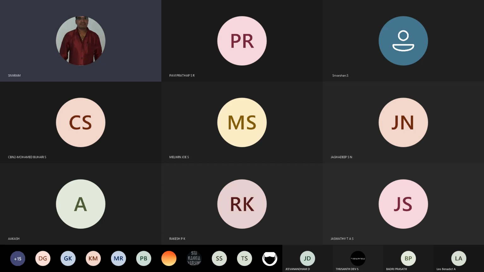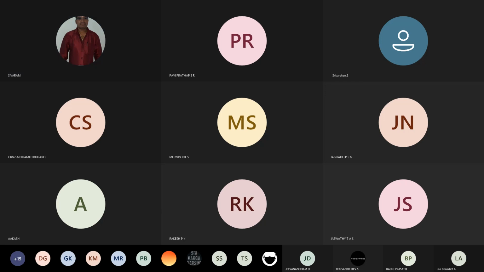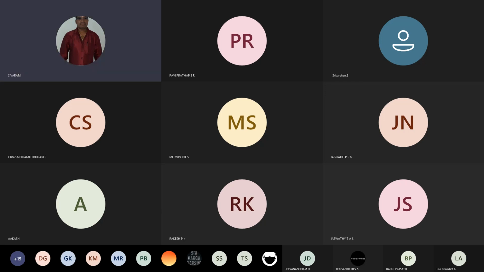The 7th cell is the large cell that contains all these cells in the entire embryo sac, called the central cell. So one central cell, 3 cells in the egg apparatus, and 3 cells in the antipodals. Totally 1 plus 3 plus 3, that is 7 cells.